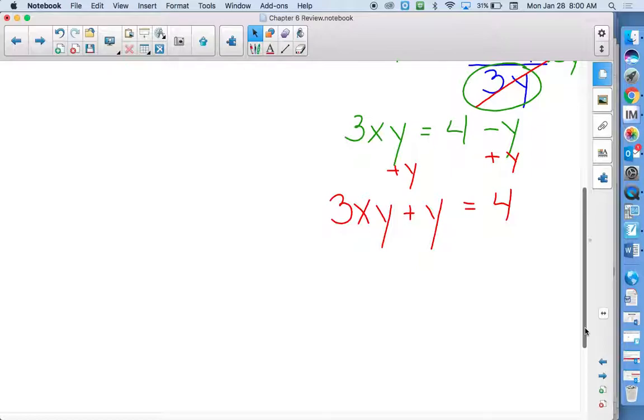It's a method that we would have used in chapters 4 and 5. So they have something in common.